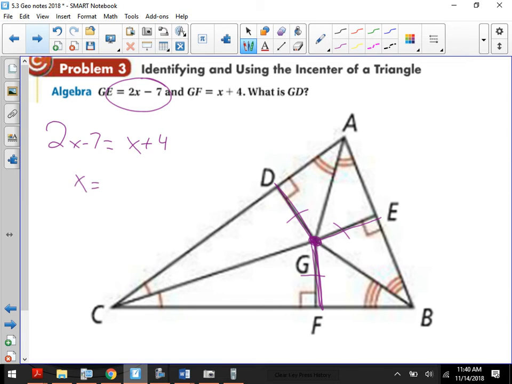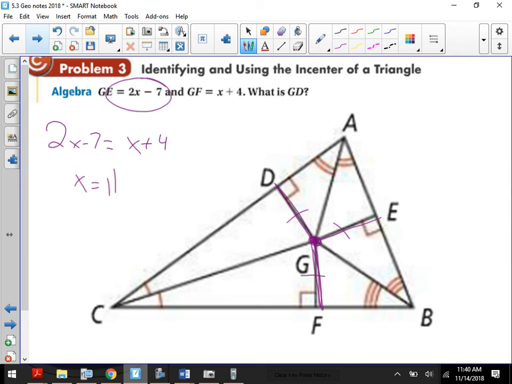what's x? Man, you're very good at mental math. Subtract an x, add a 7. Okay. But did it ask you to solve for x? All right, well, isn't GD going to be the same thing as GE, which is the same thing as GF, if you math it correctly?